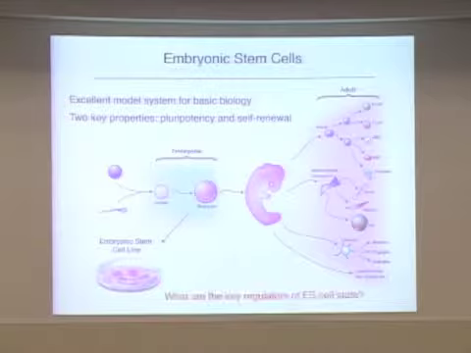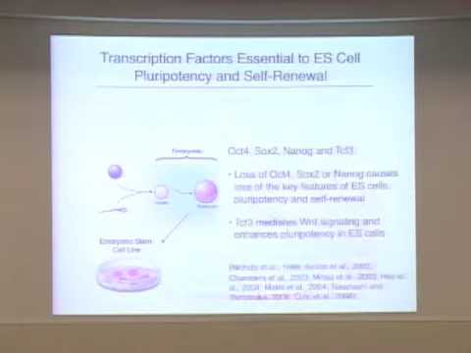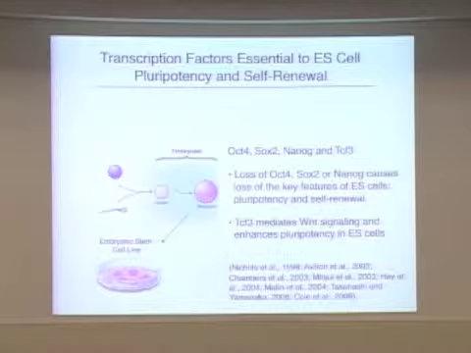So the first question: what are the key regulators of embryonic cell state? We've known this for a little while. They are transcription factors. Four of them are OCT4, SOX2, NANOG, and TCF3. The first three have been known for about a decade to be essential for the two key features, pluripotency and self-renewal.